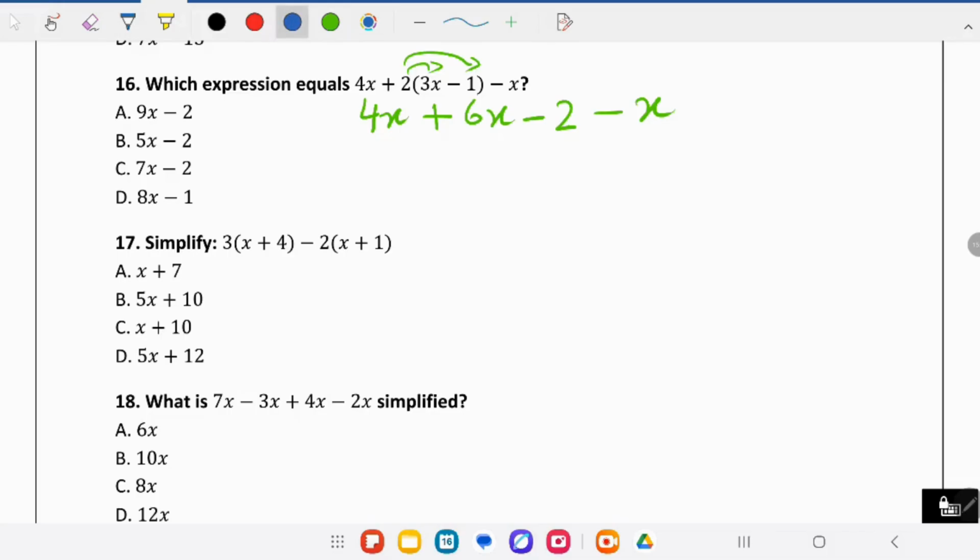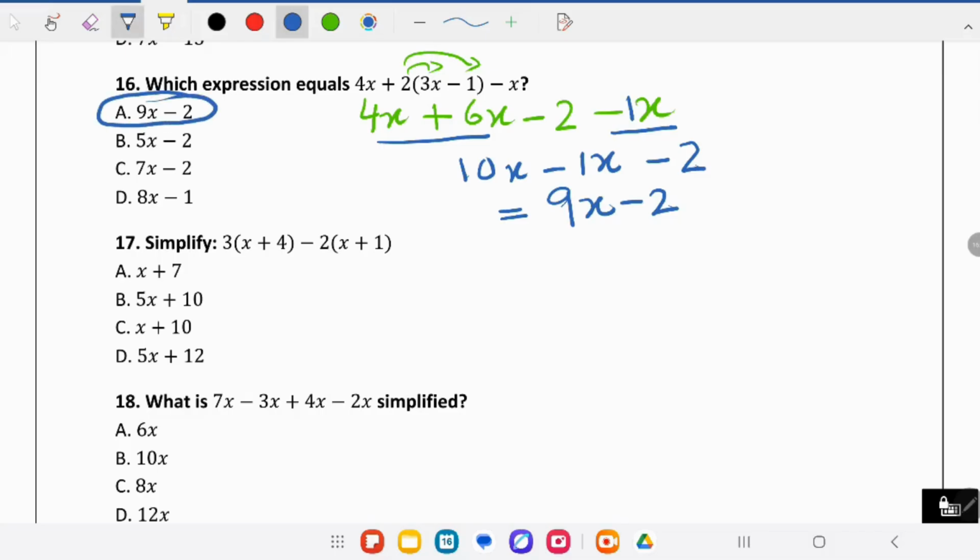So I'm going to underline my like terms. So there is an invisible 1. So 4x plus 6x is 10x. Negative 1x, negative 2. So 10x, negative 1x. I will subtract the coefficients, which is 9x minus 2. So I'm going to look for 9x minus 2, which is A. This is my answer.